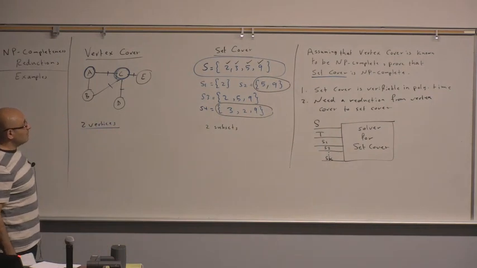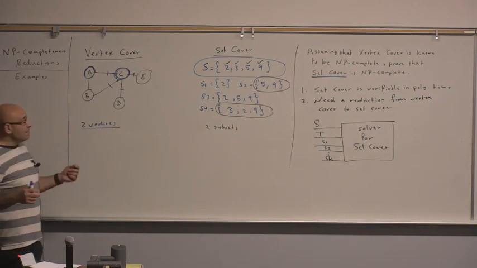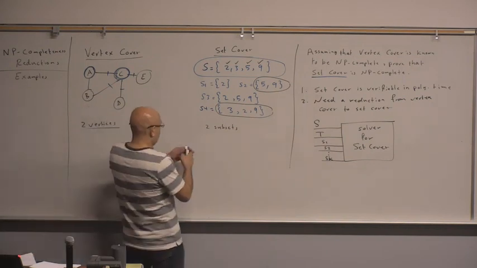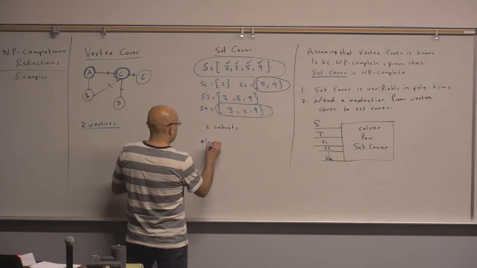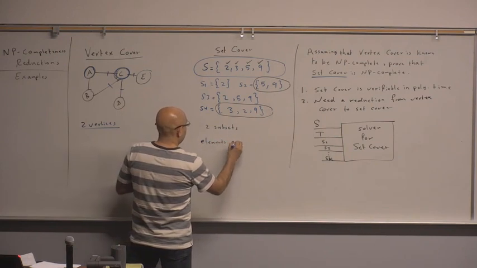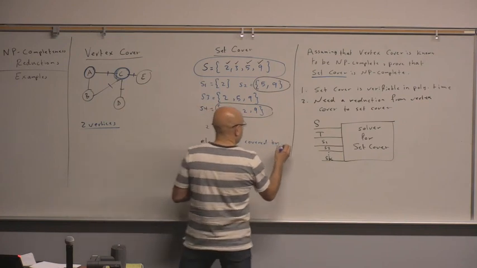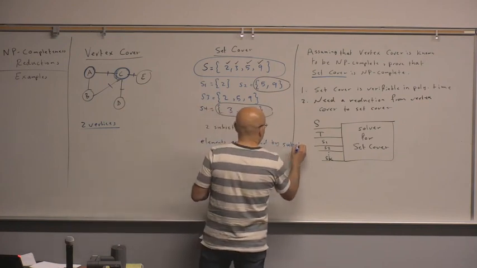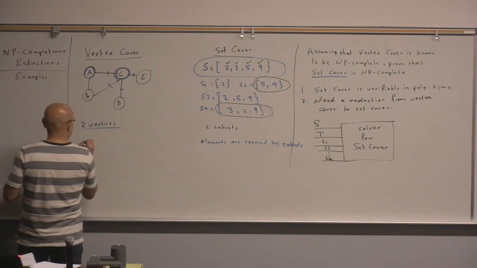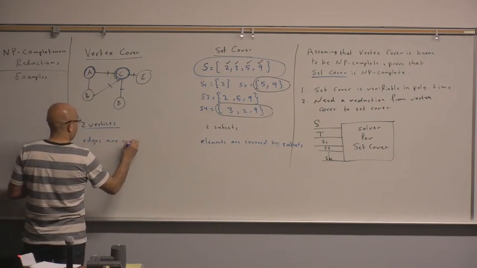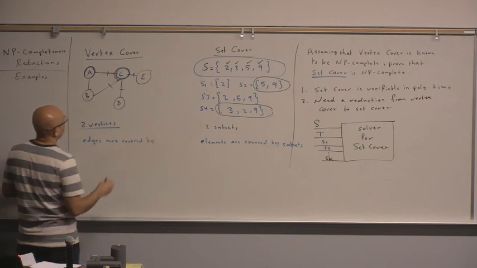In set cover, elements are covered by subsets. And here edges are covered by what?